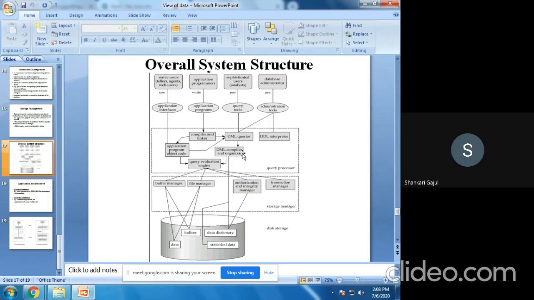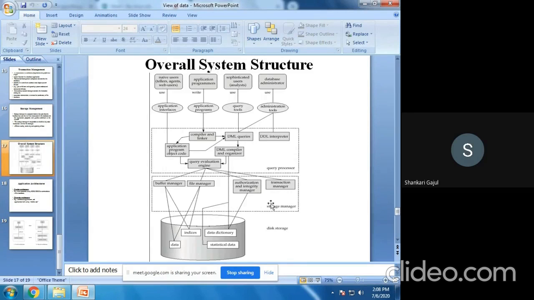These are the DML queries. Before getting a particular result, we have to submit a query. So the storage manager is the intermediary, or interface, between the DML queries and the actual data. The storage manager is responsible for four kinds of components. What are those?